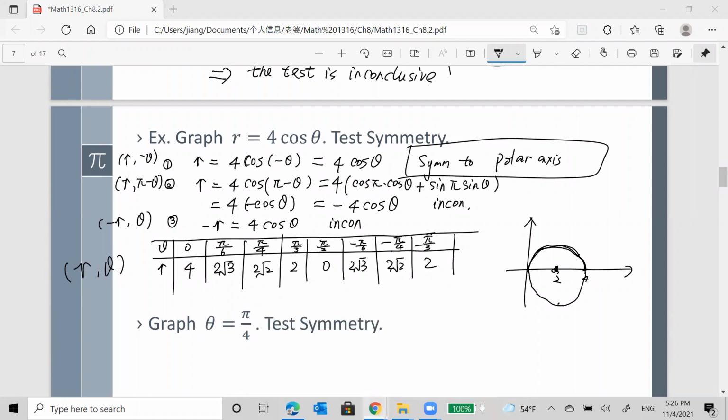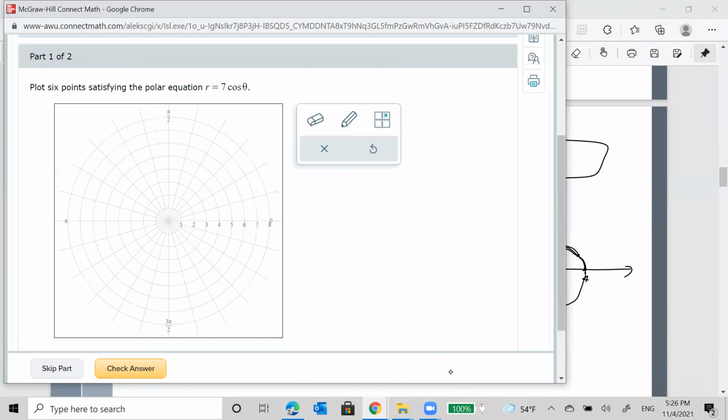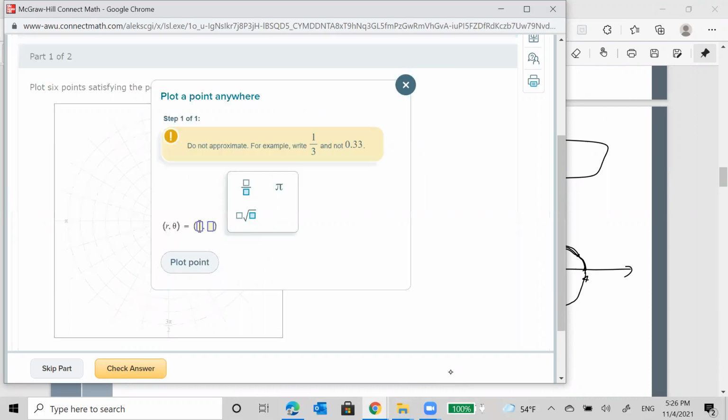So for this one you can plot 6 points. Click here and put the R here, theta here, and then plot the point. And then plot the second point.